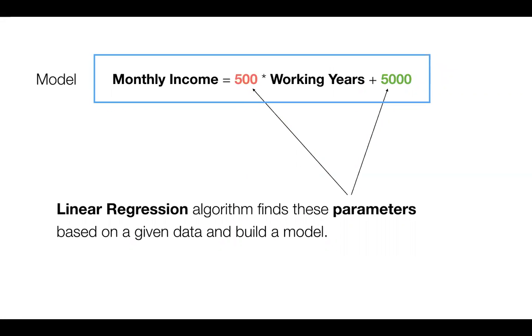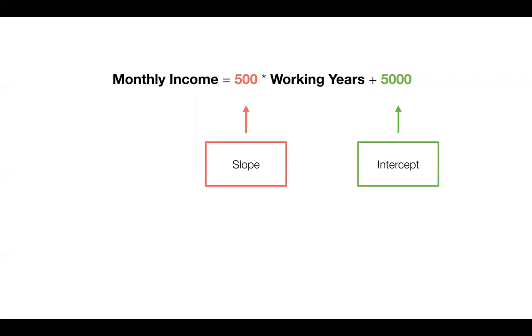The linear regression algorithm finds these 2 parameters based on the given data and builds a model. Sometimes we call it a prediction model. So the parameters we are talking about here are 500 and 5,000, in this case a slope and an intercept.